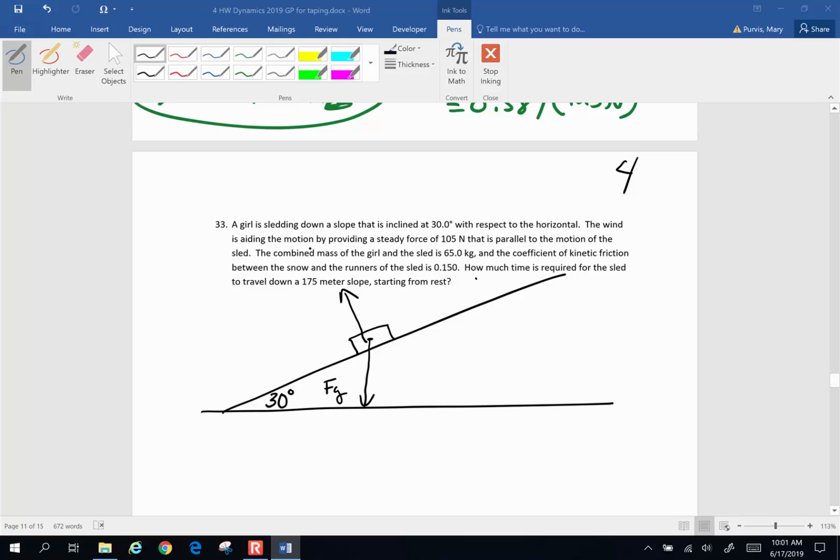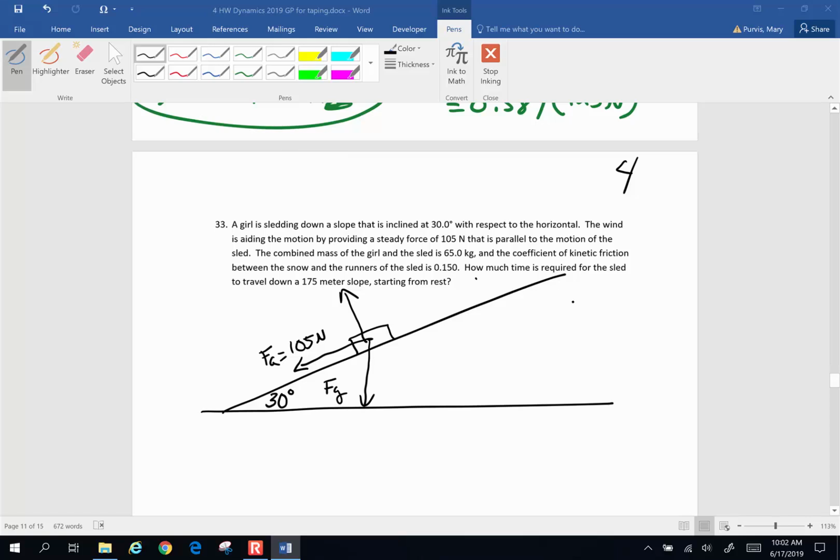The wind is aiding the motion by providing a steady force parallel to the motion, and it is aiding the motion. So it's sledding, we're going downhill. So we have an additional force of 105 newtons, force applied by the wind of 105 newtons. So there's an extra little oomph this sled is getting.